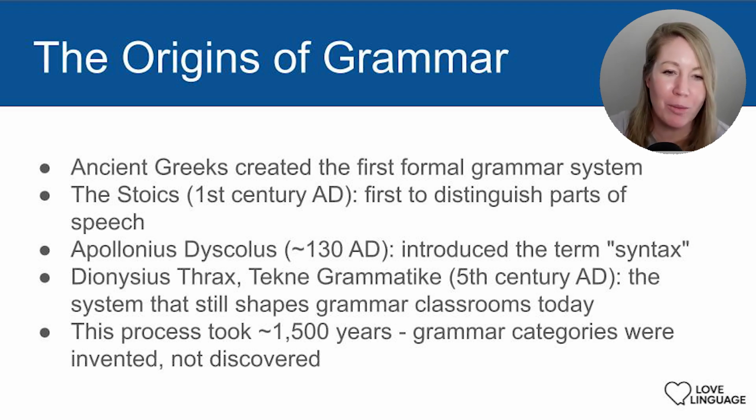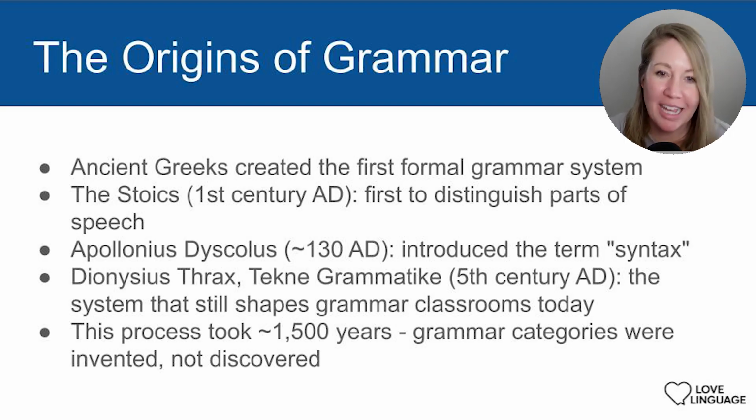About a century later, a grammarian named Apollonius Dyscolus, and the textbook notes that his name, Dyscolus, if I'm pronouncing that right, you guys can tell me in the comments, means roughly grouch in Greek, right? So, anyways, this person introduced the word syntax.